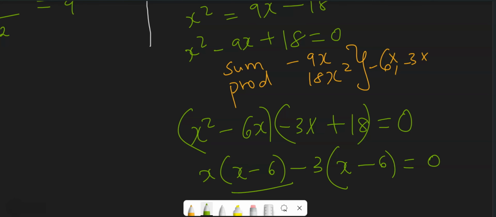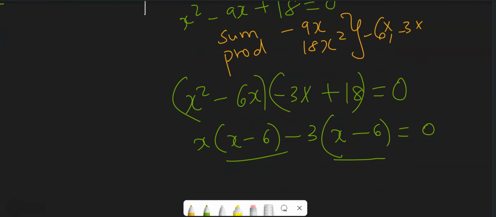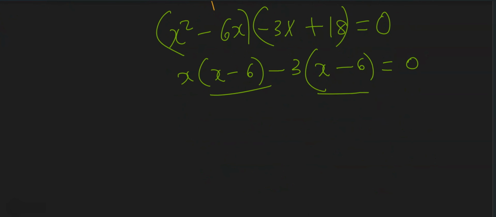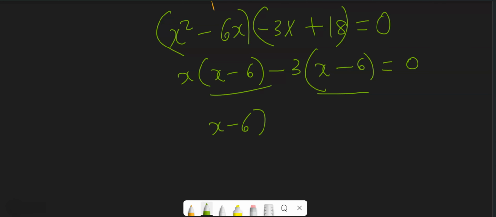Remember, whatever is in the bracket should be equal to 0, but I'll teach it in my other video on quadratic equations. So we have x minus 6 as a factor, then the other one, x minus 3, equals 0.